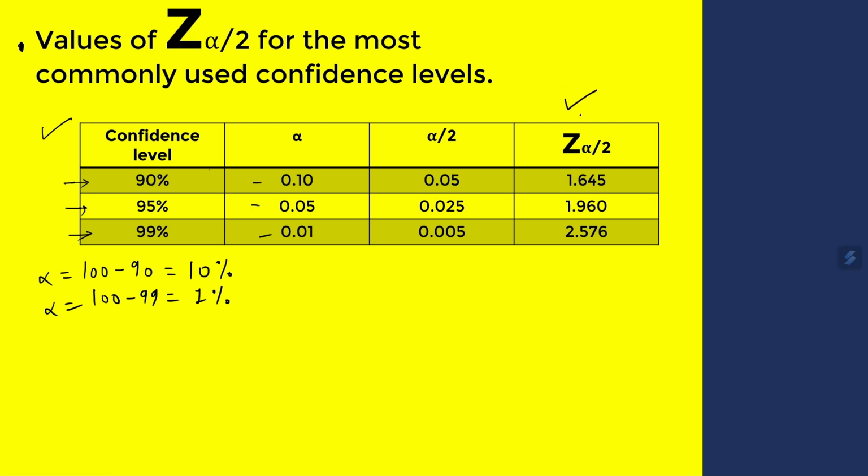Now the question comes in, what is Z alpha by 2? These values are our probability, right? For example, I'm taking the example of 95 only for better understanding. This is 95.